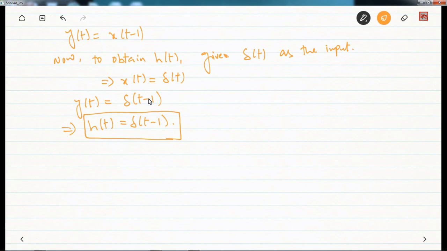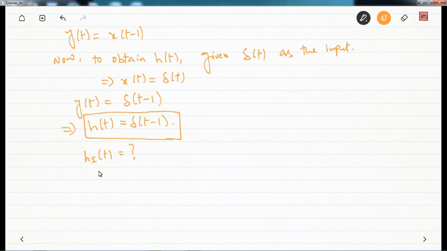Okay, now we need to find what is hi of t. See, for this example, it is very easy to find the inverse system. You can simply guess, right? When there is a system which is delaying the input, then to get back the input, we have to advance the input.